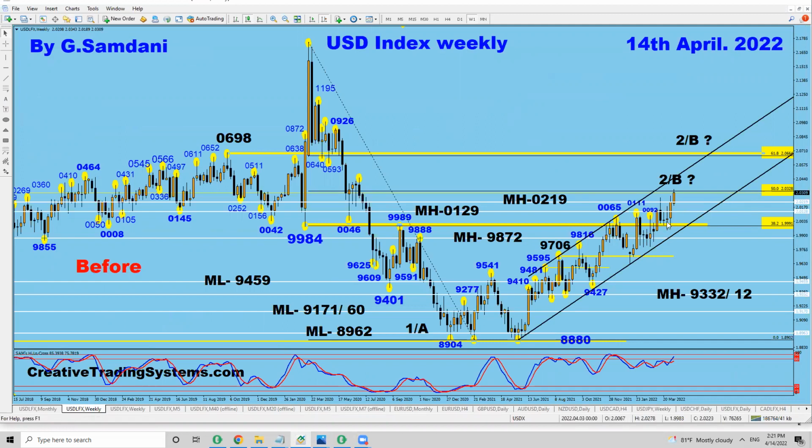I made this chart almost a month ago, and these are the couple of targets that we are going for: either 50%, or if we go above 0219 and break the 50%, we'll definitely be going for 61%, which is 0698. If we stay below here and start to make the turn to the downside below 0219, then we might be making a move down to 0129, which will make the reversal.